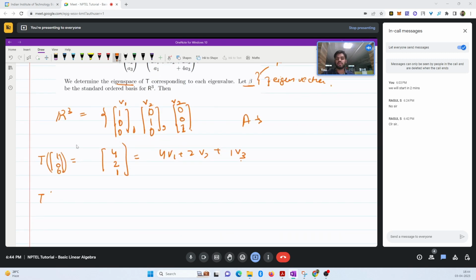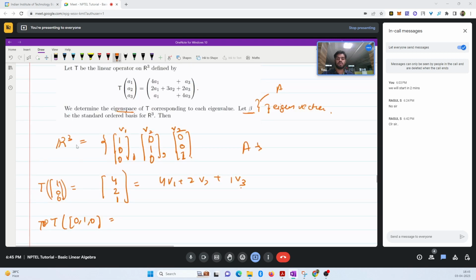Okay. Now let's find T of 0, 1, 0. It would be, now the first term becomes 0 because there is no a2 in it. Second term becomes 3 and third term again becomes 0. Let's find the third one, T of 0, 0, 1.